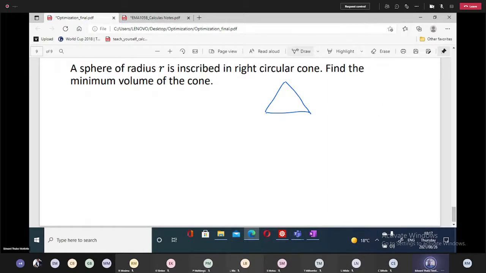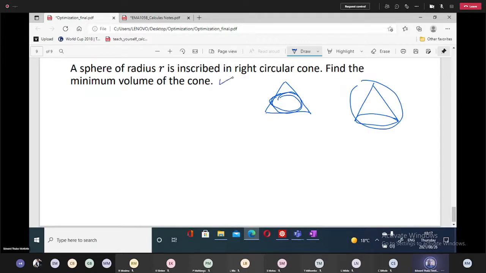Now we can also put a cone inside the sphere. And in this case, we want the minimum volume of the cone.